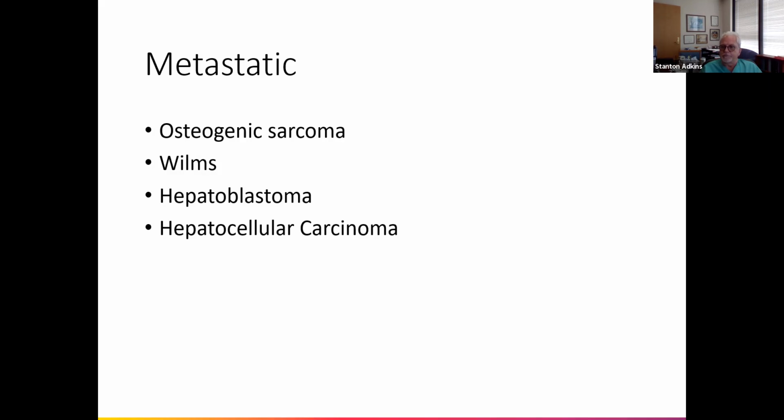Wilms tumor. May I ask a question on that last? At what point do you say their pulmonary function is too decreased that you can't do another resection? Well, you can do pulmonary function tests. Most of the time, we're taking out relatively small bits of lung. We're not taking out lobes at a time. We're doing little wedge resections that are very superficial, and the lung can compensate to a certain degree in between.